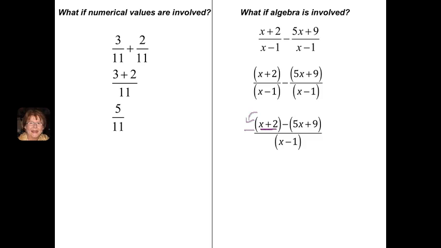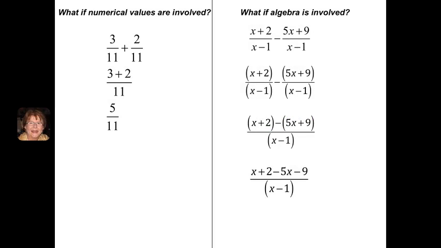But here's the part that you've got to be careful with. You're subtracting a binomial. You've got to subtract both terms that are inside the bracket. So in reality, you're subtracting 5x and you're subtracting 9. Notice how we kept that common denominator.